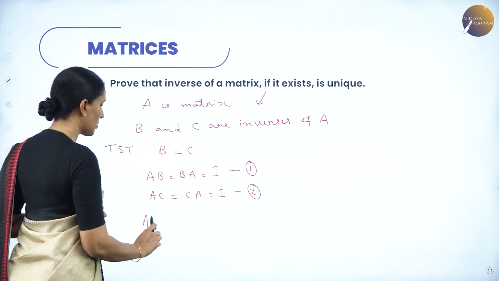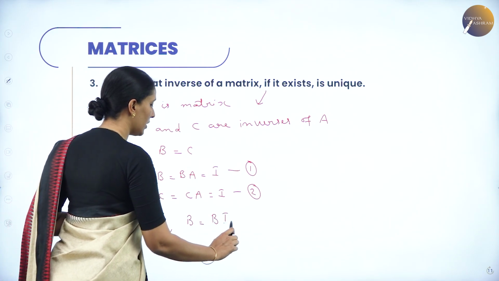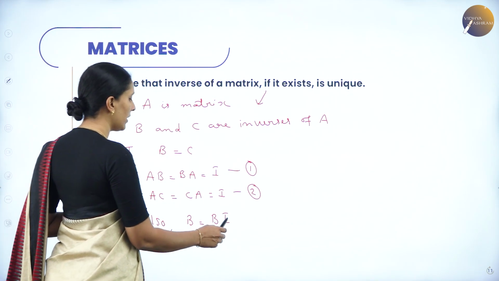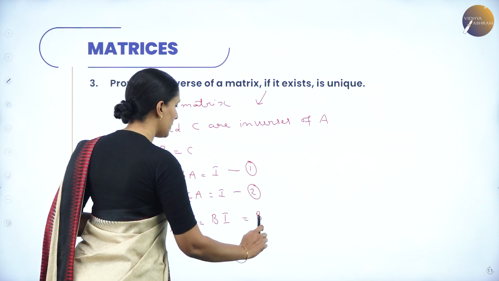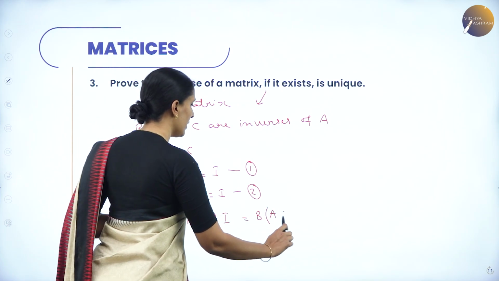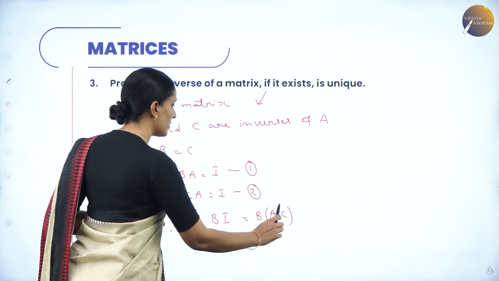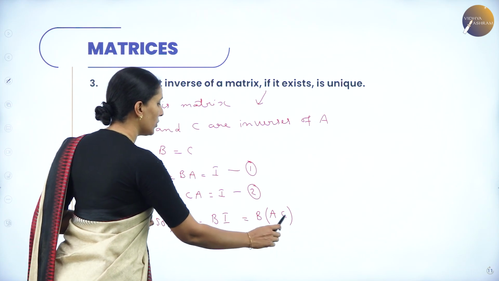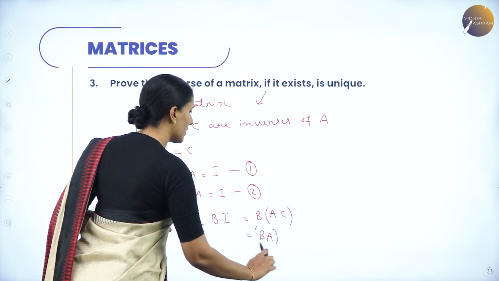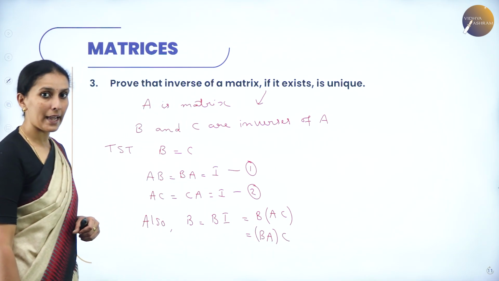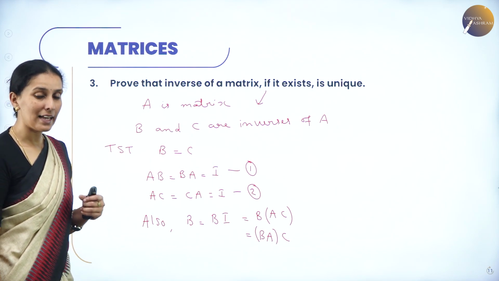Also, we know that any matrix can also be written in the form of B into I. Now, using equation number 2, instead of I, I will write B into AC. B into AC. So now here, using the associative property, I can write this in the form of BAC, because we know that the product of three matrices is associative.